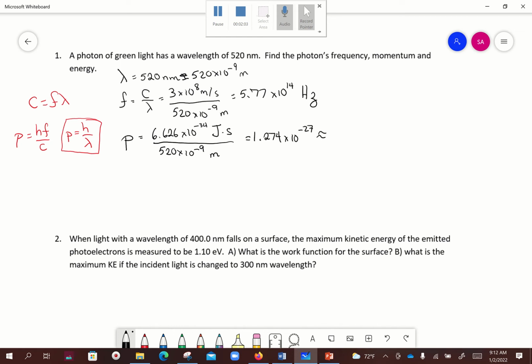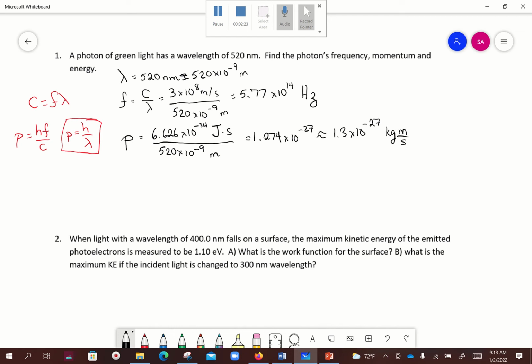I should take that down to 2 sig figs, so 1.3 times 10 to the minus 27. And if you remember from Physics 1, momentum is mass times velocity, so the units are kilograms for mass and meters per second for velocity.